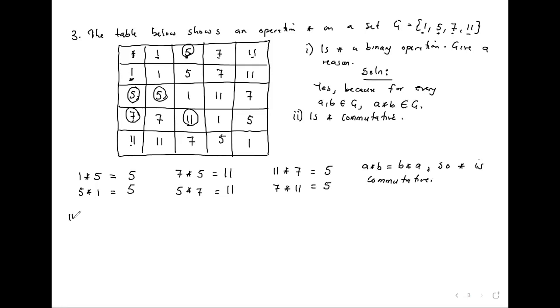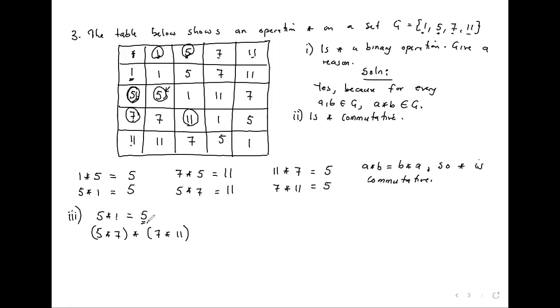Then you are being asked now to see if you know what you are doing. Evaluate (5 star 1) star (5 star 7) star (7 star 11). Let's start with the top one. 5 star 1: start with 5, go to 1. This is equal to 5.